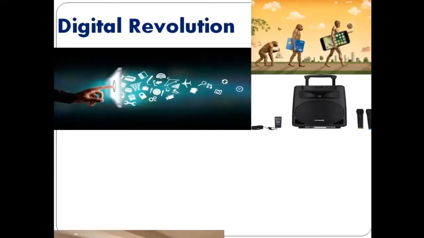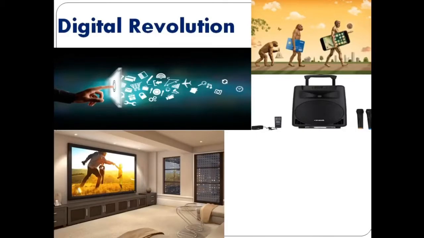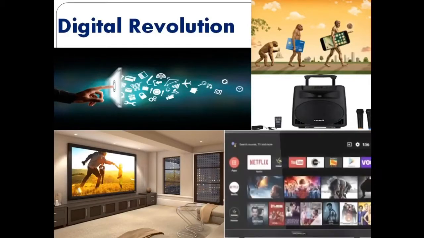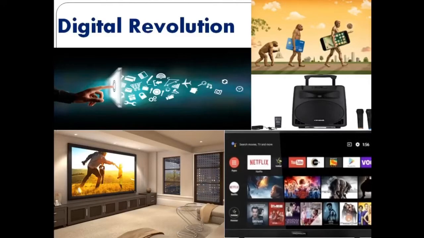We can see a lot of changes in our entertainment and digital formats. Every day there is an introduction of new digital media. You can see the music system and the TV now, and compare the old time with the new time. A lot of entertainment is available with just a click.